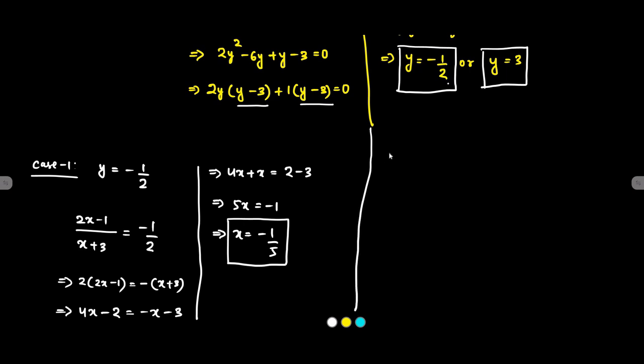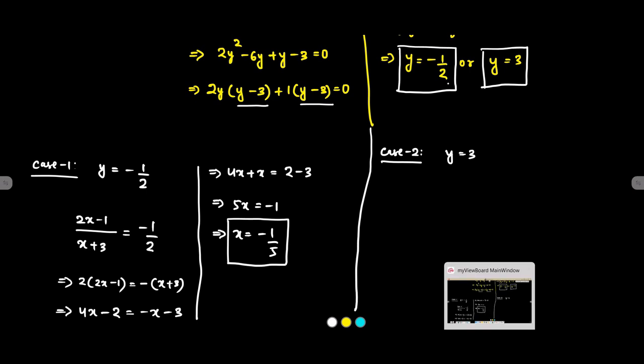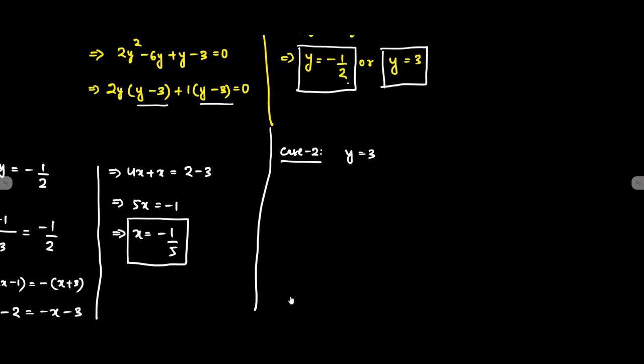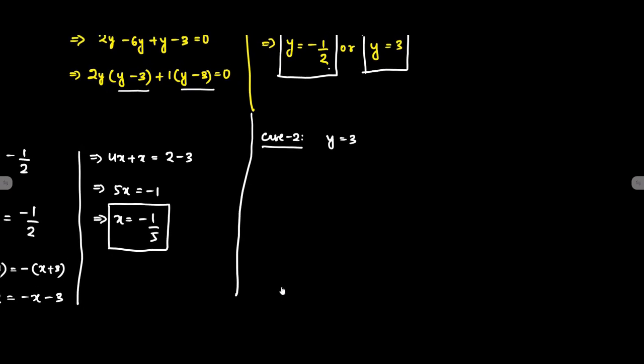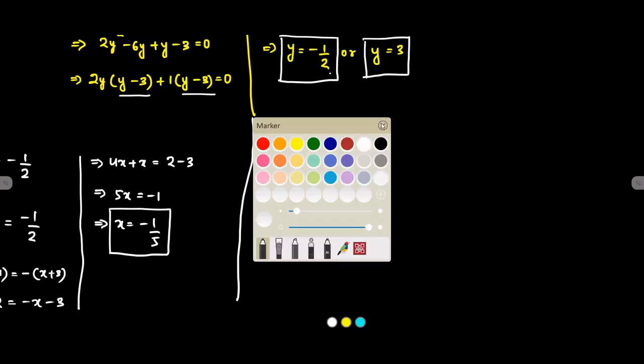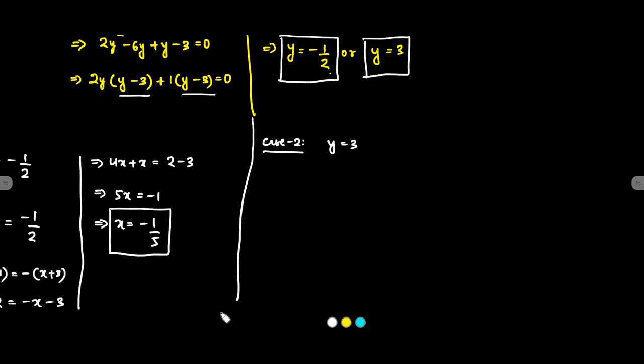Now case 2, with y equal to 3. Making the substitution, (2x minus 1) by (x plus 3) is equal to 3. That implies 2x minus 1 is equal to 3x plus 9.